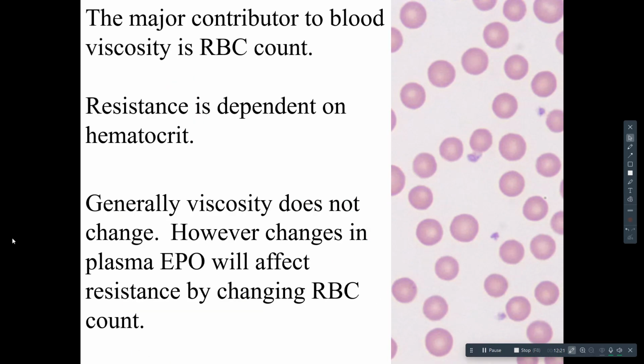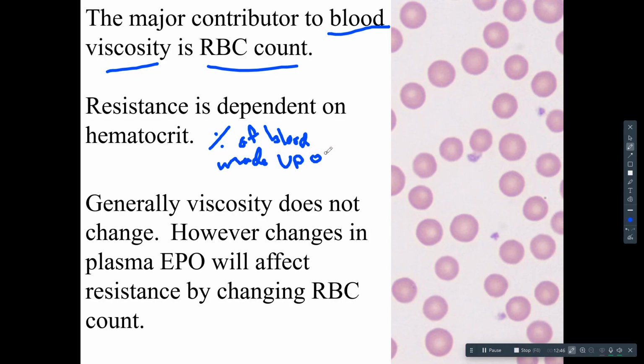In our blood vessels, we have blood, and the major contributor to blood viscosity is red blood cell count. So basically, resistance depends on hematocrit, which is the percentage of blood. You remember this word, right? The percentage of blood made up of red blood cells.